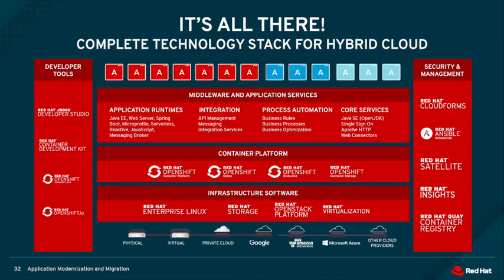The next is, as I said, when you break up a monolith into smaller microservices, there's a tendency of needing a lot more integration between them, and this is where the integration components come in handy.